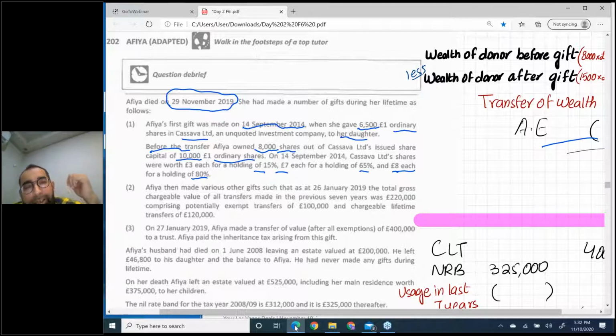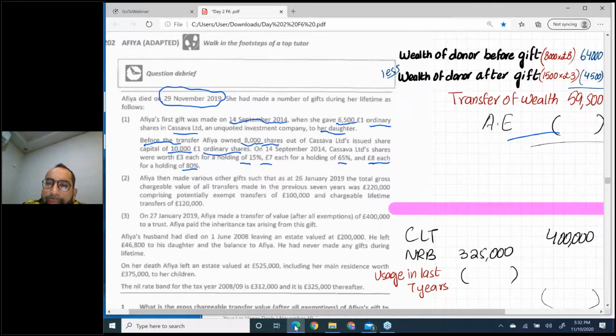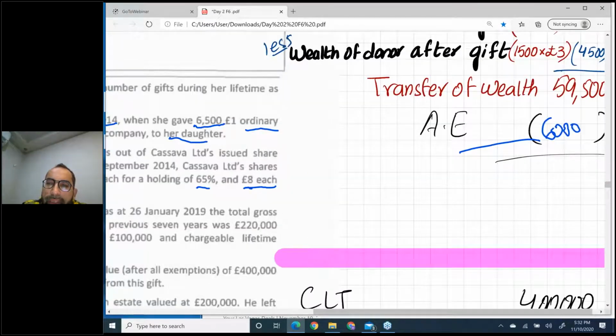No. So that means last fiscal year's £3,000 annual exemption, and this fiscal year's £3,000 annual exemption. 3 plus 3 is 6,000. So the amount of annual exemption we are going to use is £6,000.